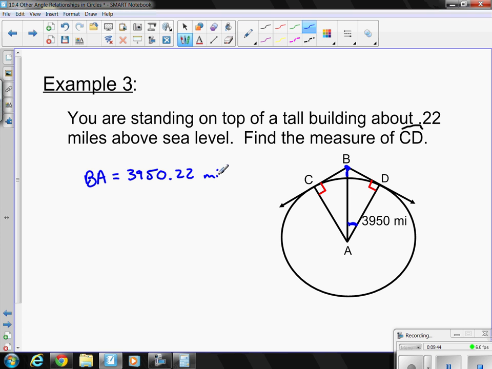That's going to be the length of that segment. So now I know two sides of a right triangle. I can use my trigonometry to figure out what this angle is.